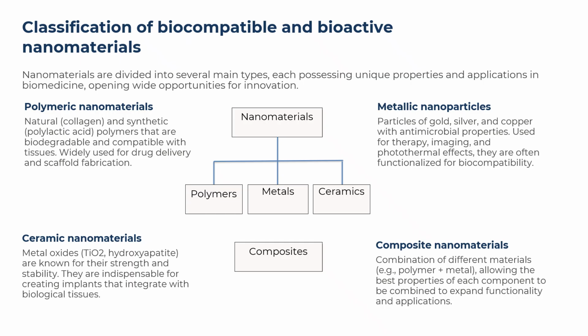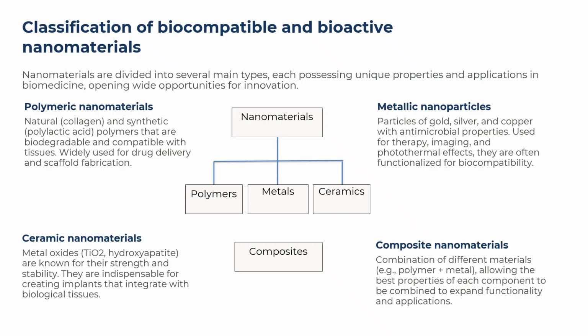Metallic nanoparticles: particles of gold, silver, copper with antimicrobial properties, used for therapy, imaging, and photothermal effects, often functionalized for biocompatibility. Ceramic nanomaterials: metal oxides, known for strength and stability, essential for creating implants that integrate with biological tissues.